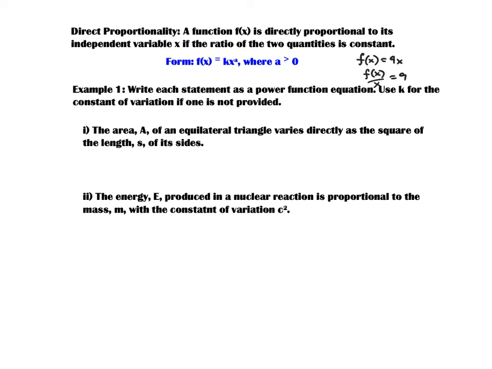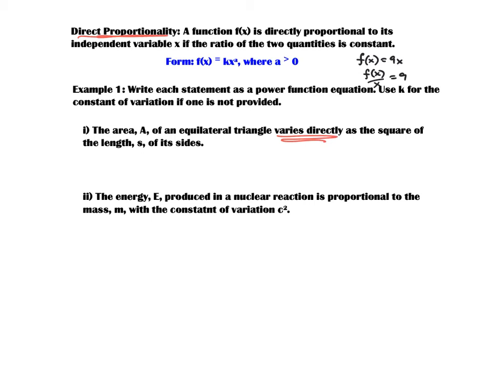So what we're going to do is write each statement as a power function using k for the constant of variation if one is not provided. So think about this now. The area of an equilateral triangle varies directly. That's the same as direct proportionality. Okay, so these two are synonyms, or phrases that mean the same thing: varies directly and direct proportionality. If we were to use the word proportional, that would also work.